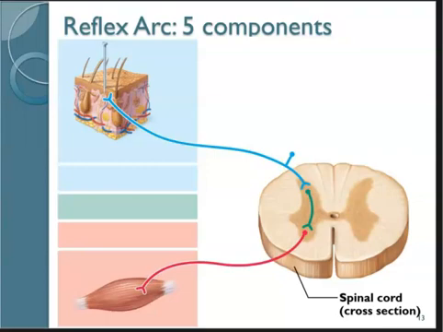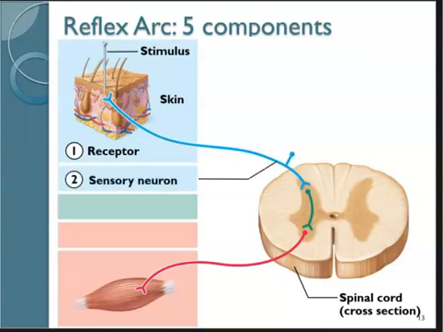So let's talk about the reflex arc. There are 5 components. It's the receptor that senses the stimulus, right? So in this case, a nail growing through the skin, the receptor will be a nociceptor, which gets activated by that stimulus. Then that information is sent down the sensory neuron, or afferent with an A, towards our central nervous system.